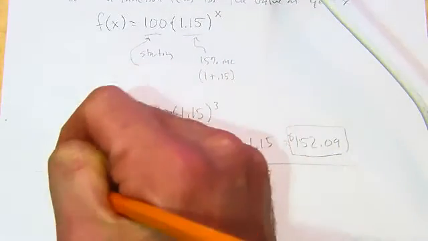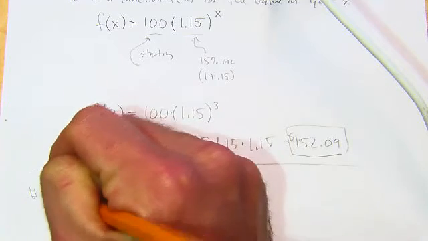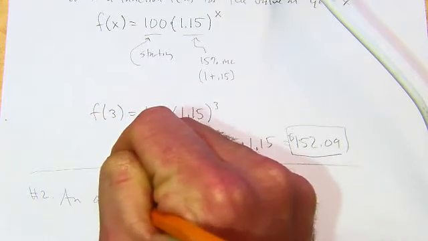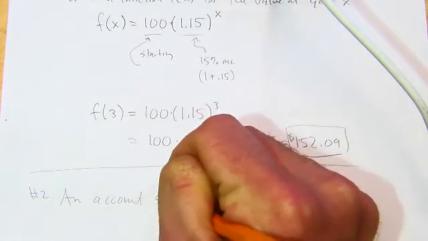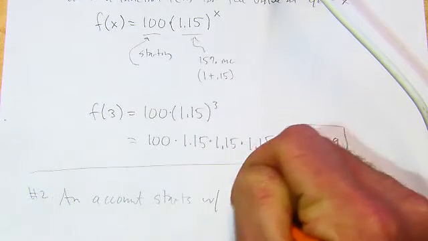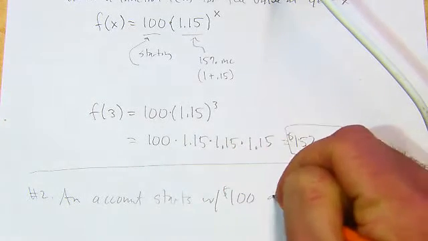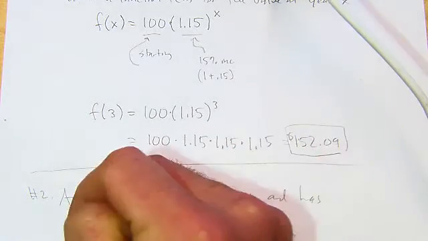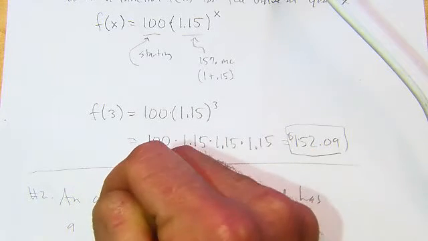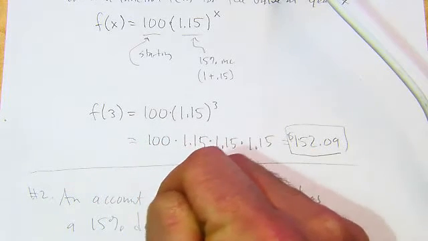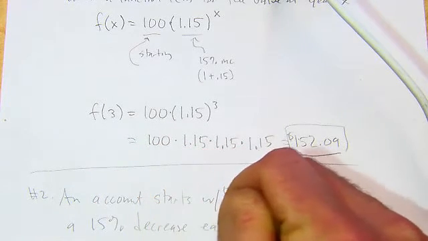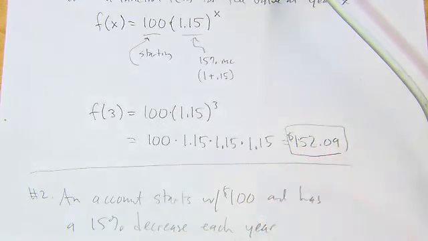Okay, let's do one more quick one. An account, we'll do similar, starts with $100 and has a 15% decrease each year. Write the function for that.